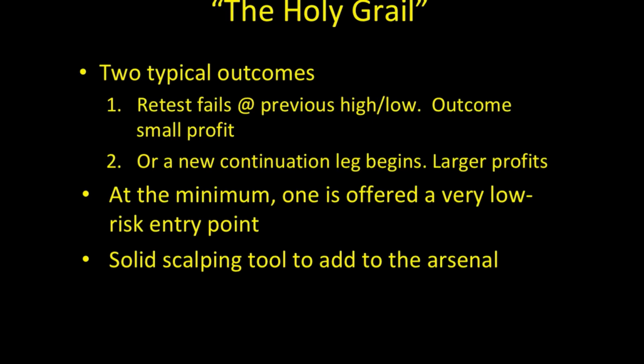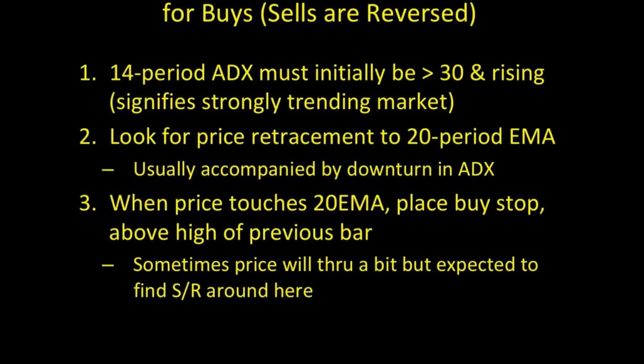One, you're going to retest that swing high, or that new swing low, and stop there, fail, in which case you can garner a small profit, or if you're lucky, you'll get an entire new continuation leg of the trend and let your profits roll. At a minimum, you're offered a very low risk entry point, and as alluded to prior, it's a solid scalping tool to have on your belt.